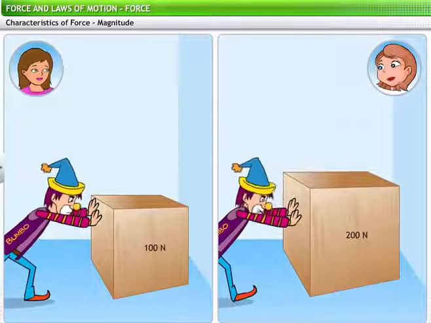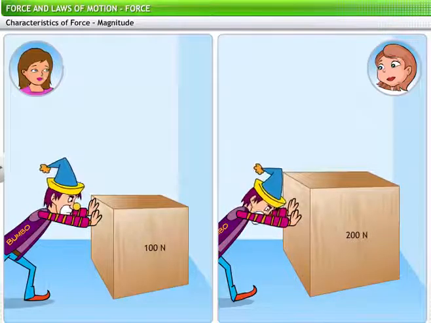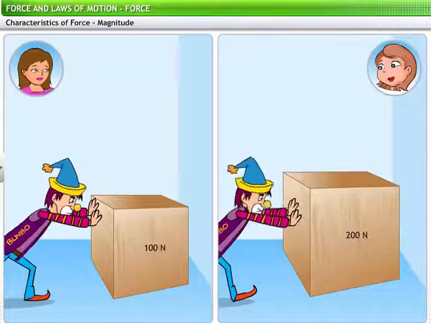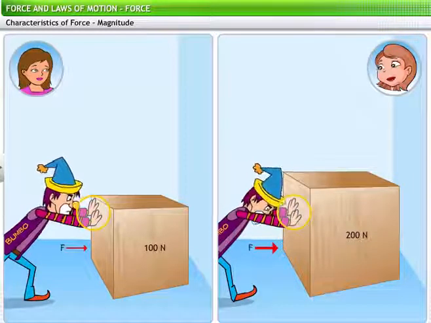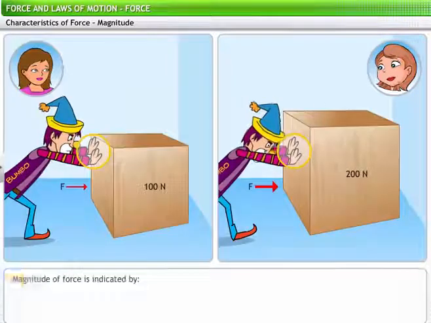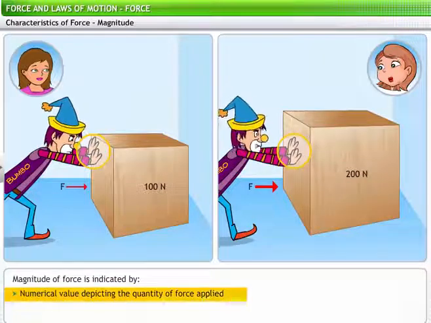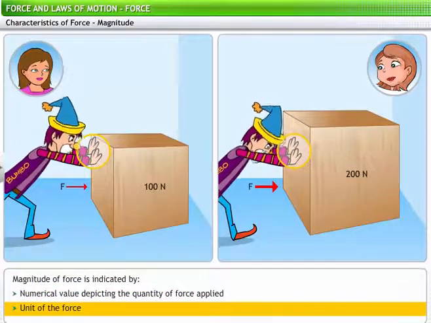What do you think was the difference in these 2 cases? He had to apply more force to move the second block. Correct. The magnitude of the force required to move each of the 2 blocks was different. The magnitude of force is indicated by the numerical value depicting the quantity of force applied and the unit of the force.